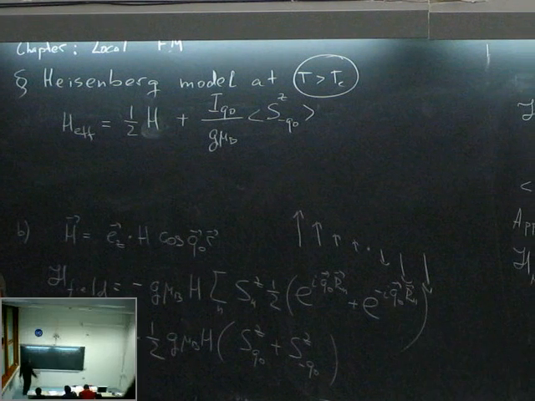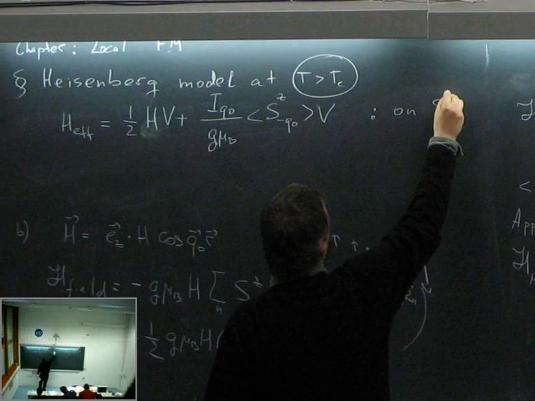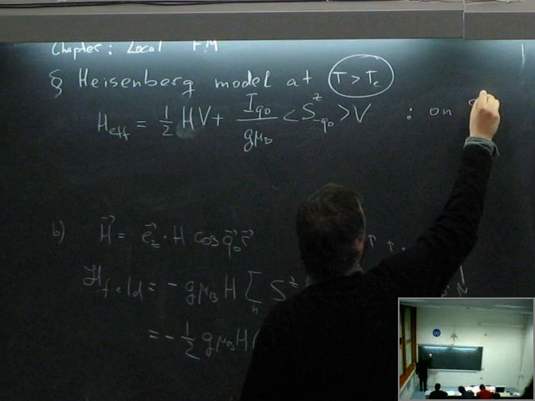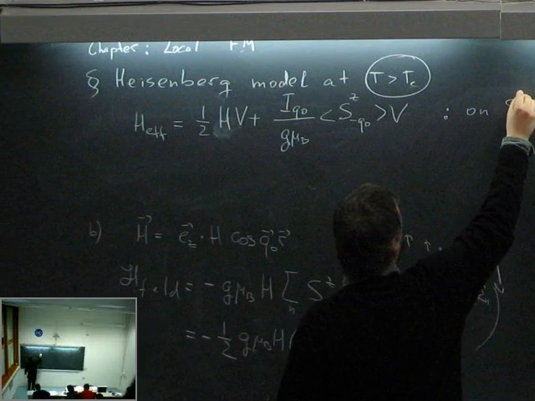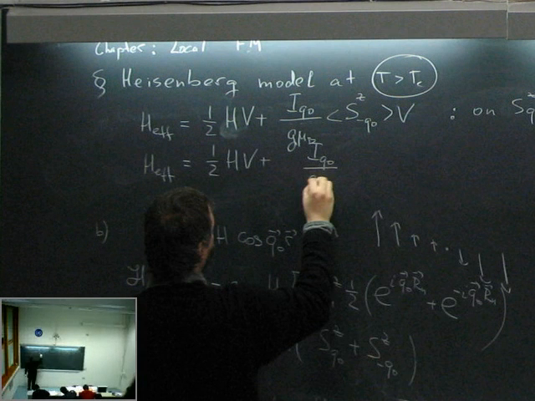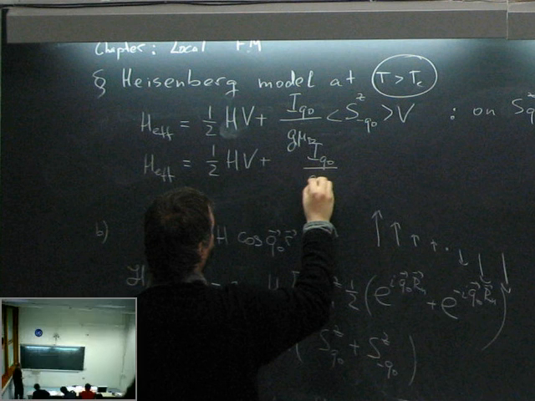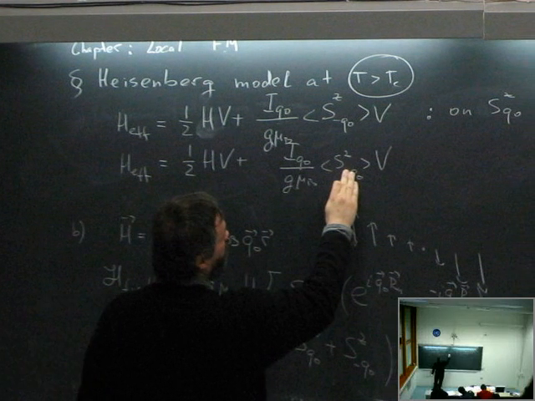The same way, this is what acts on S^z_{Q0}, and the same way h effective acting on the minus Q0 component is 1/2 hV plus I(Q0) over g μ_B S^z_{-Q0} V. But as you will see from the calculations, of course, both plus and minus Q0 are the same.